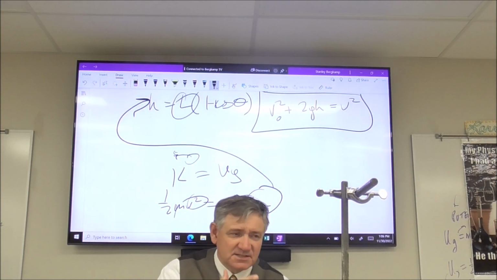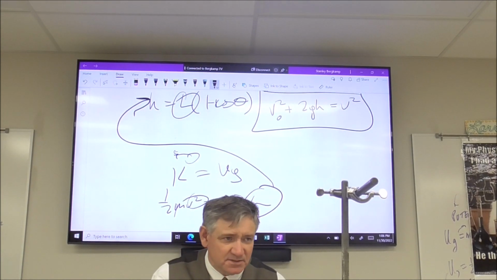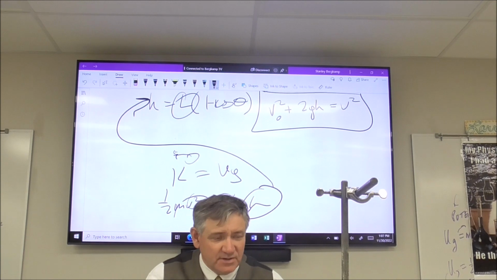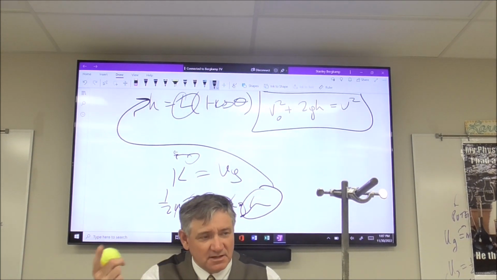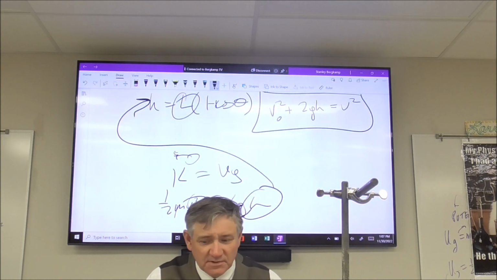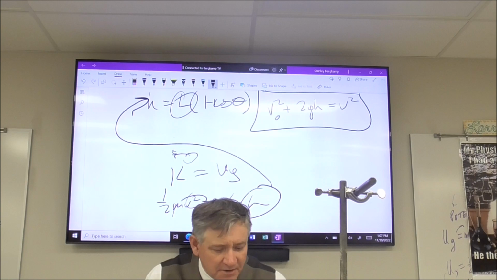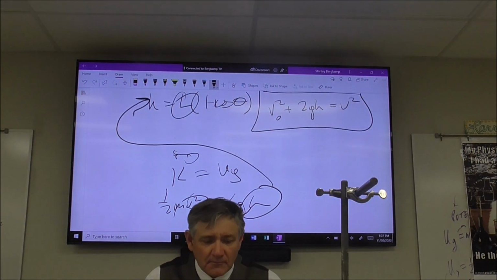I just factored out the L. It's the exact same equation, because if you distribute the L, you get L minus L cosine theta. It's the exact same thing. This one's usually a little bit easier.